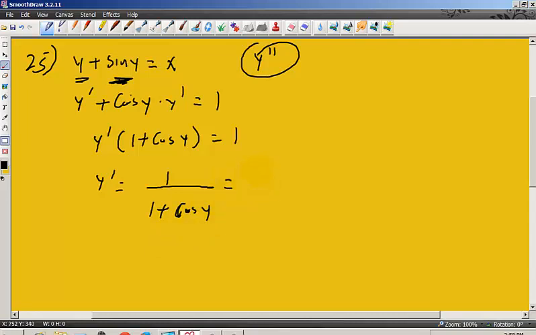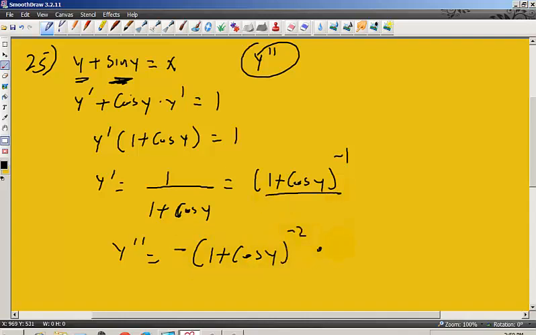This is the same thing as 1 plus cosine of y to the negative 1. So my y double prime turns out to be negative 1 plus cosine of y to the negative 2 times the derivative of the inside. So derivative of 1 is 0, derivative of cosine is negative sine of y times y prime. Only thing is, you can't leave that as is.